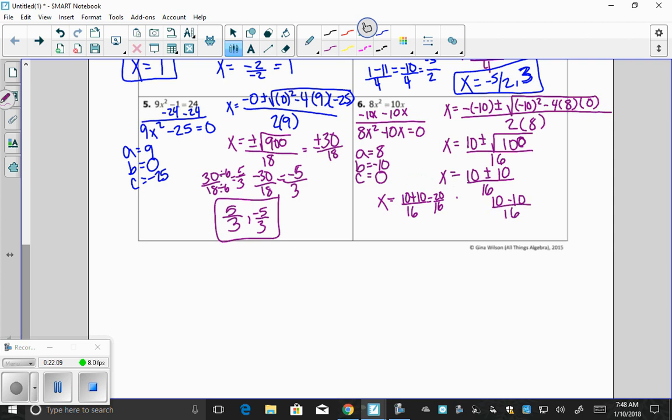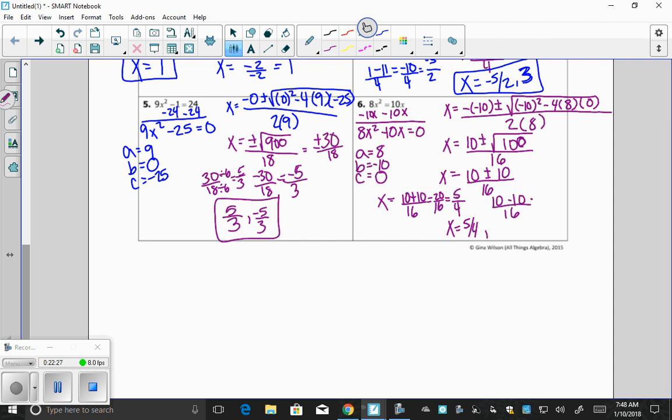A number that will go into both 20 and 16 is 4. 20 divided by 4 is 5. 16 divided by 4 is 4. So my first answer is x equals 5/4.